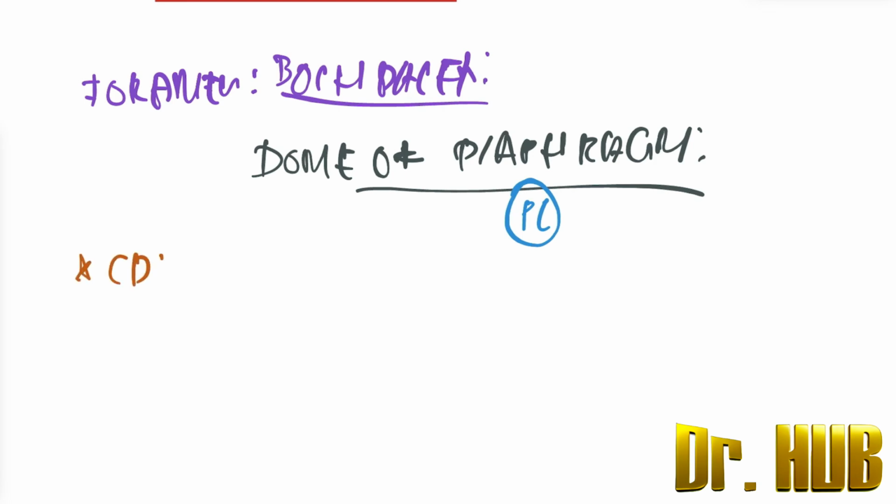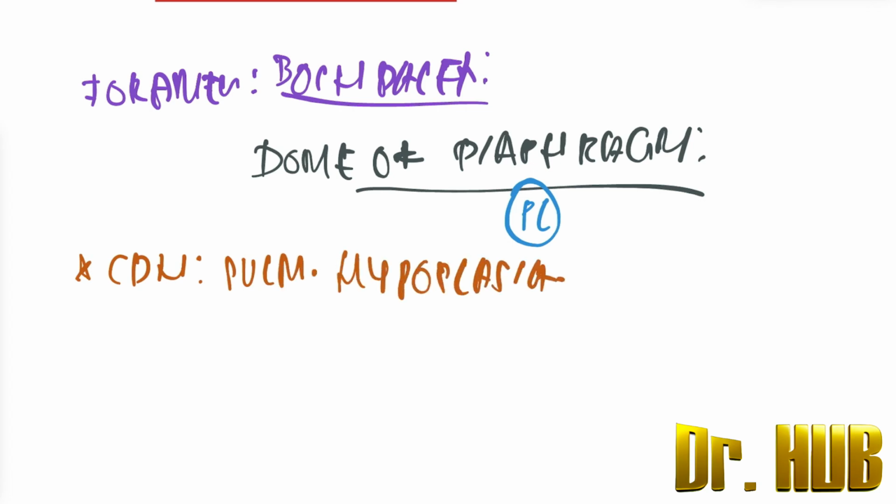Some important points to note: CDH causes pulmonary hypoplasia, which will be bilateral, by compressing the developing lung.